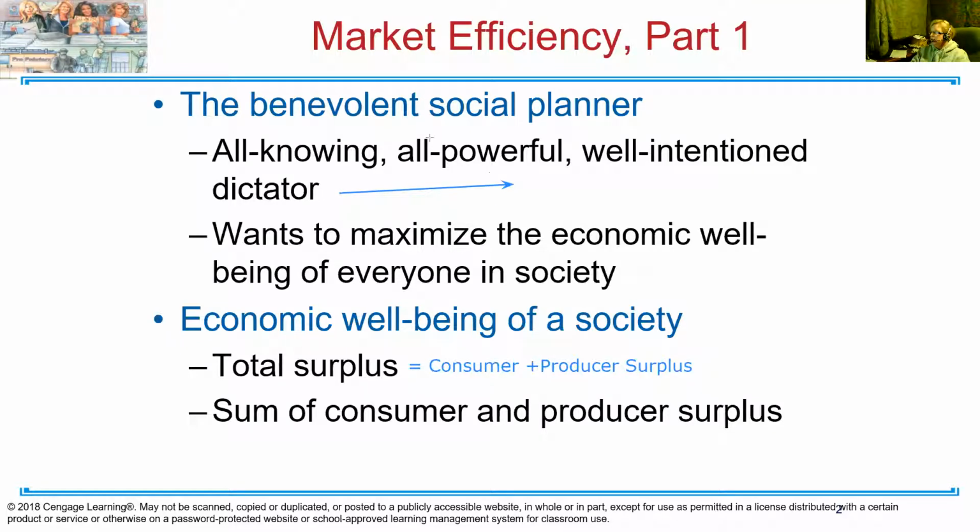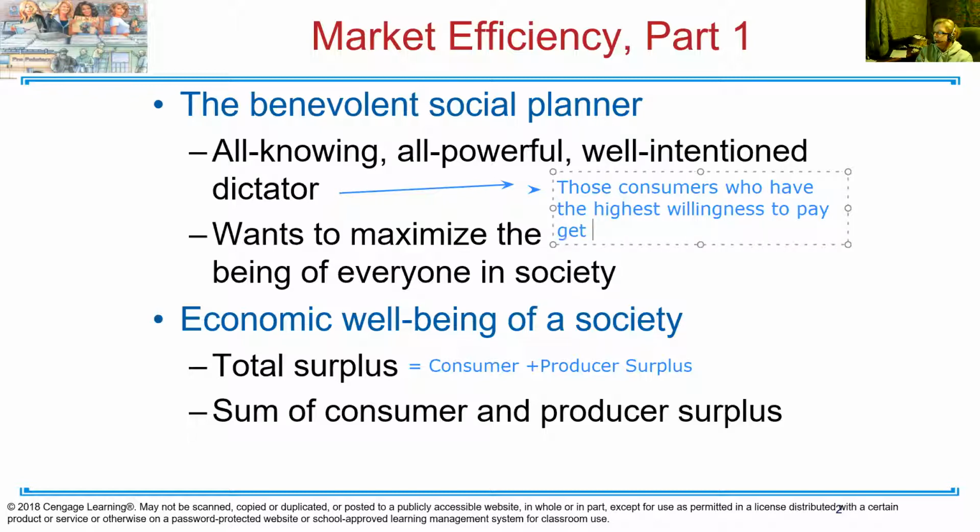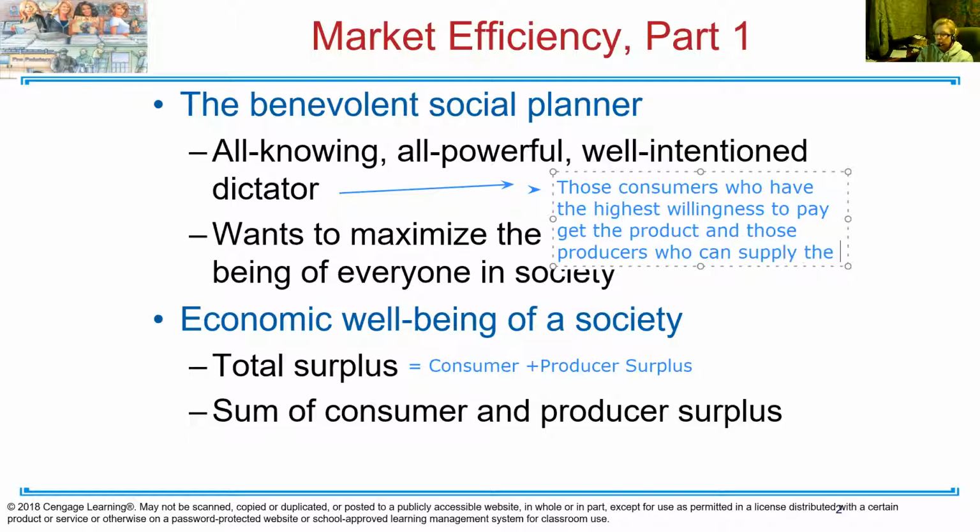We want to ensure that those consumers who have the highest willingness to pay get the product, and those producers who can supply the product most efficiently according to their cost are able to do so.